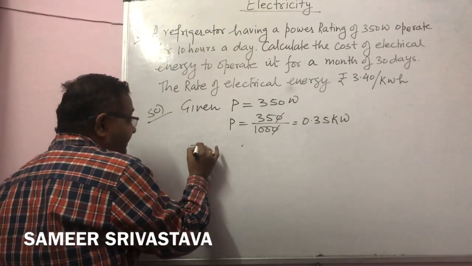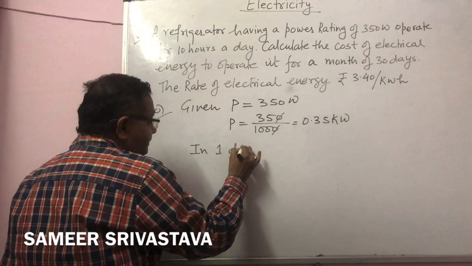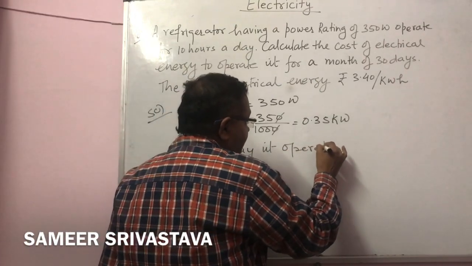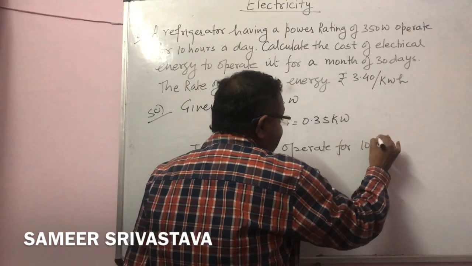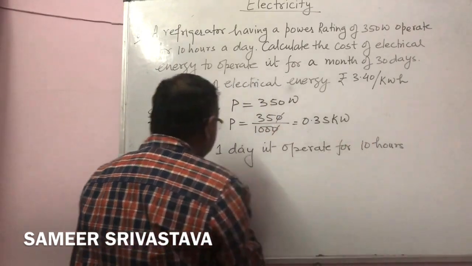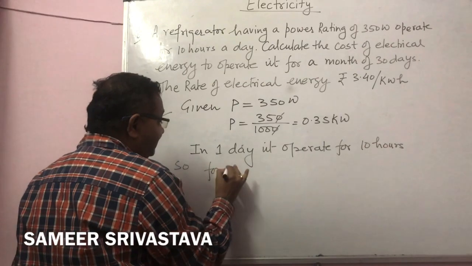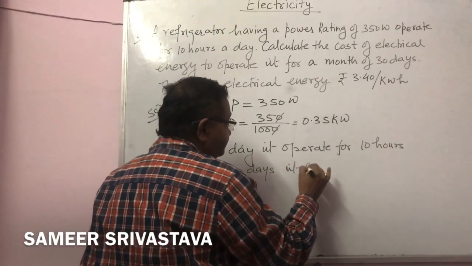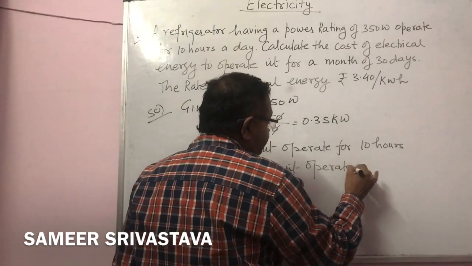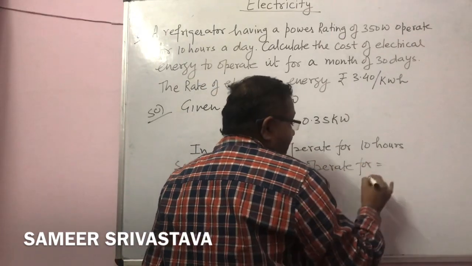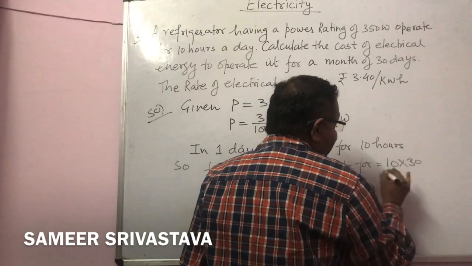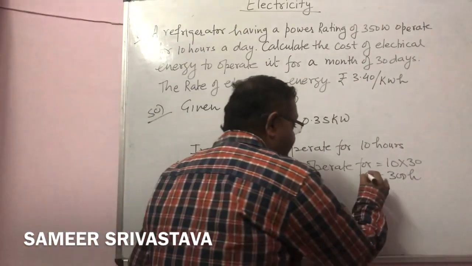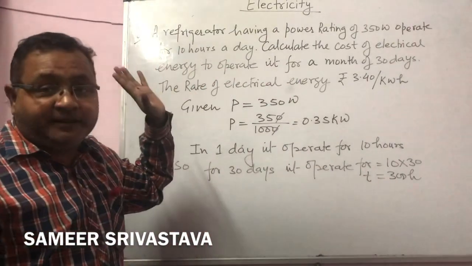Means in one day it operates for 10 hours. So for 30 days it operates for 10 into 30, that is 300 hours. So total time is 300 hours, for which we have to find the cost.